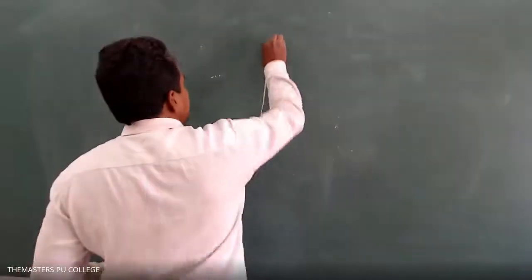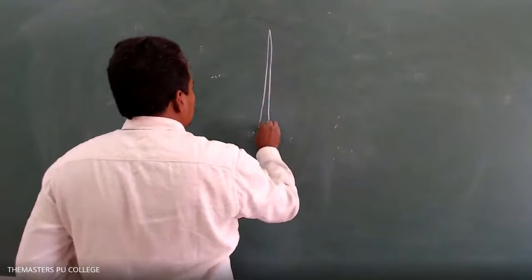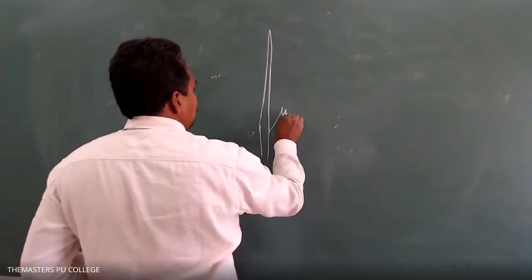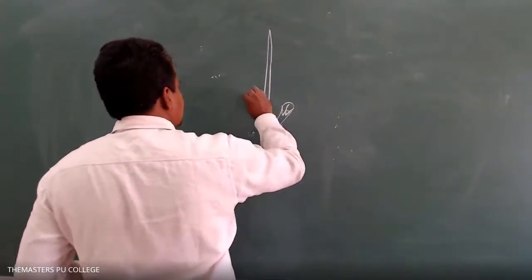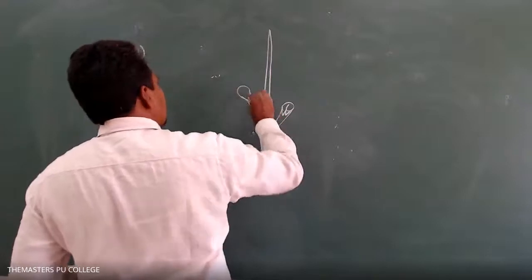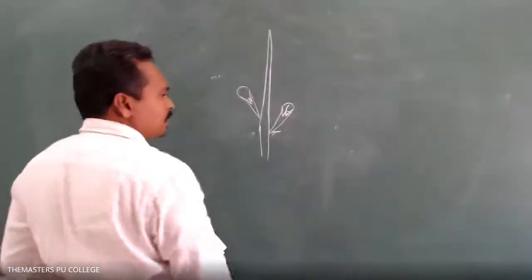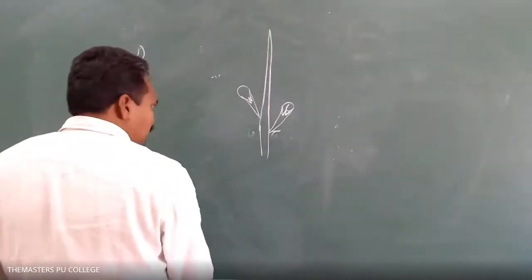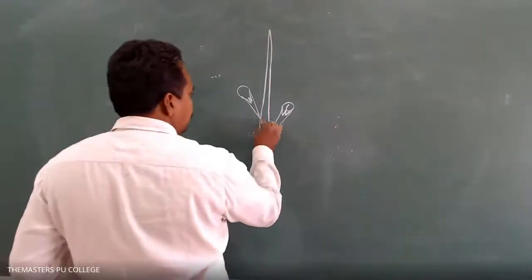In racemose inflorescence, reduced leaves are there. In some racemose inflorescences, flowers are bracteate or ebracteate. A small leaf-like structure is present; that is called a bract.